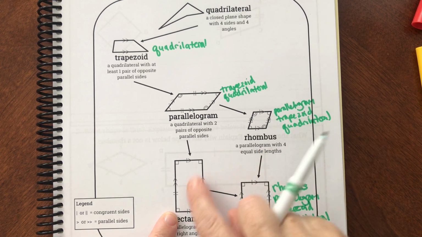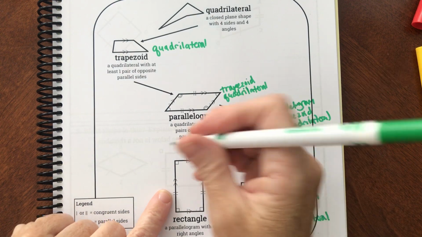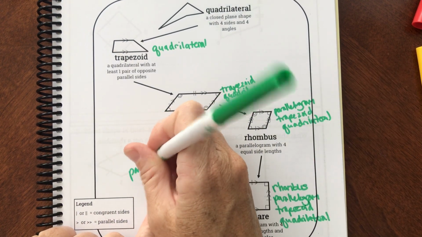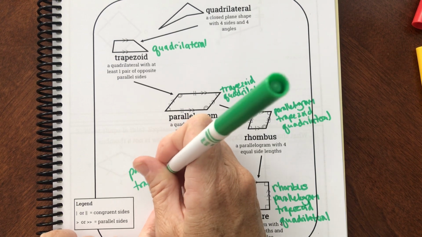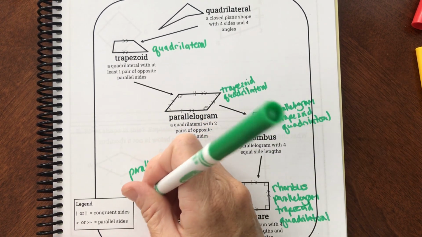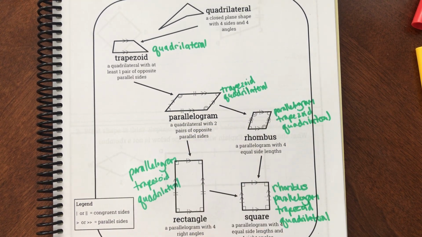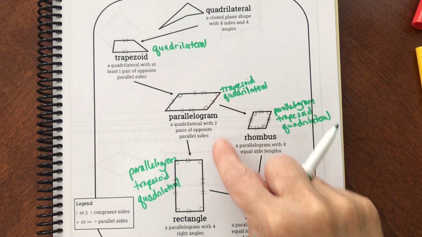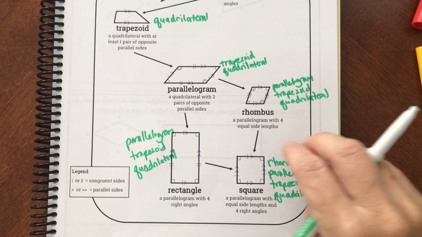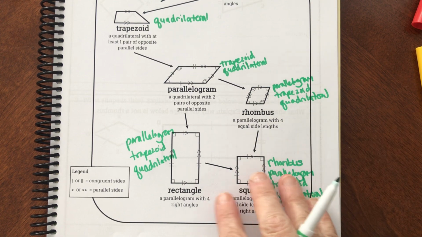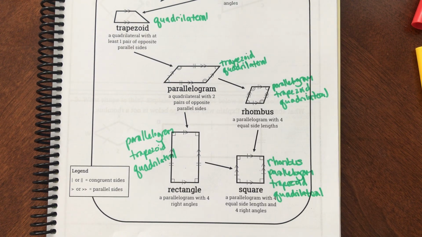So the rectangle cannot be called a rhombus. It can only be called what's above it. It's a parallelogram, but a special one because it has 4 right angles. So that's how this hierarchy works: everything above it, going backwards with the arrows, it could also be called.